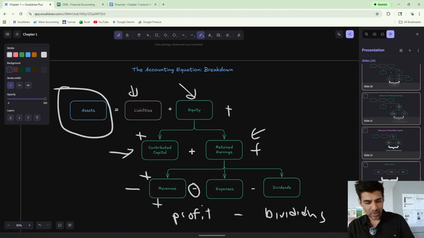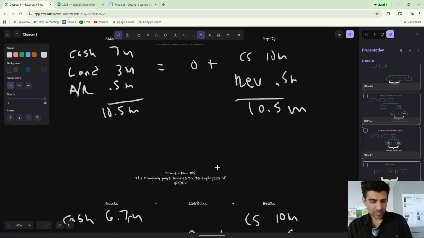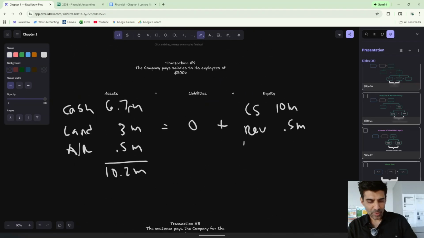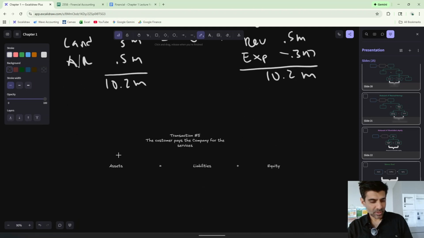But these two, expenses and dividends, are decreases to equity. Okay, they're reducing equity. So we have now expenses. This is negative 0.3 million. And so on this side, we now also have 10.2 million. So we still are balanced. Okay.